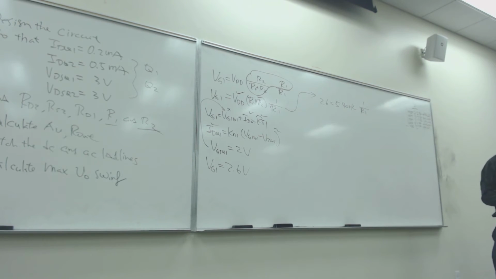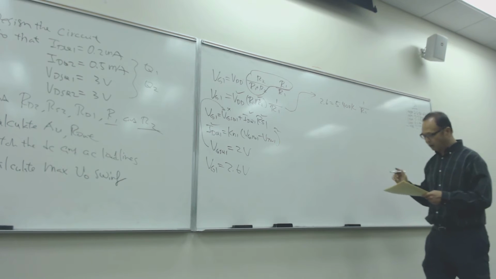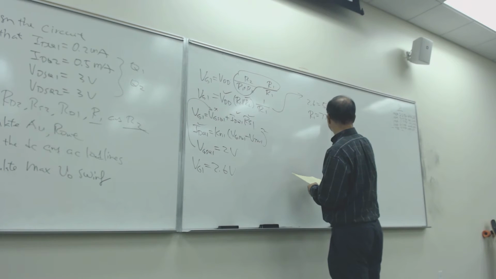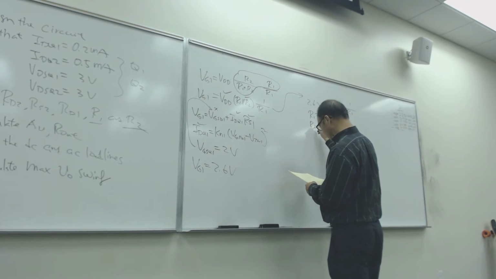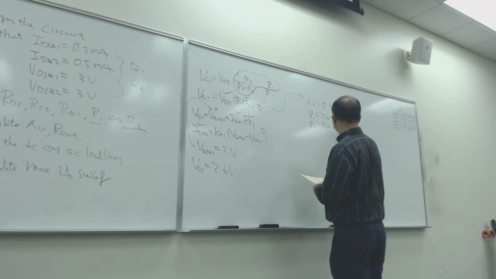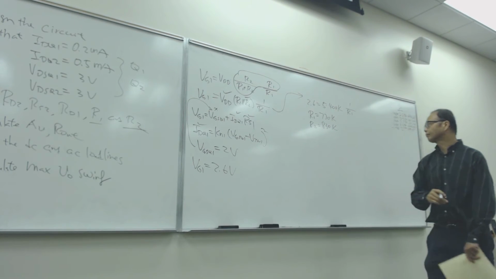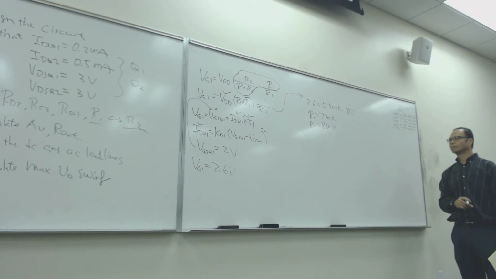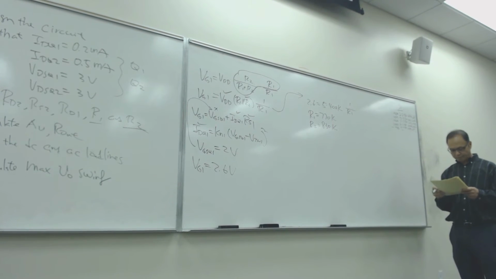Correct? Okay, so R1 finally is 770k, and R2 is 830k. Right?